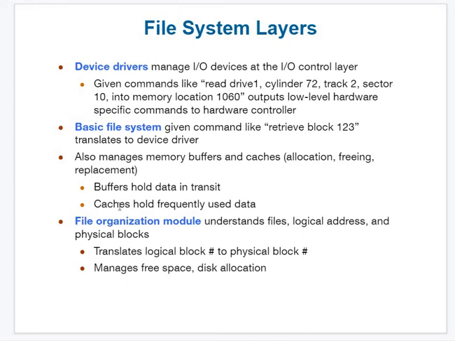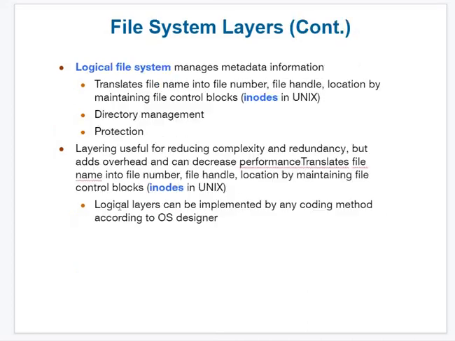File organization tells us how the file is organized, with the help of the college library example I tried to explain. And the logical file system maintains, as I told, metadata information, and also works on file control blocks. The file control block contains complete information about a file. Using the logical file system, we can manage a directory. How we do that we will get in the later portion of this chapter.